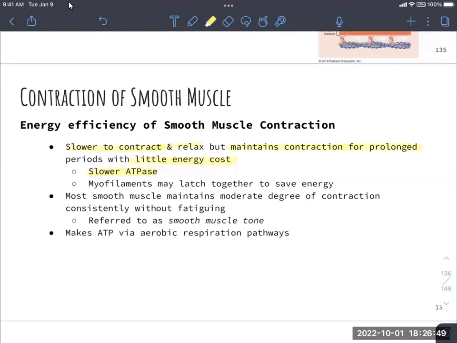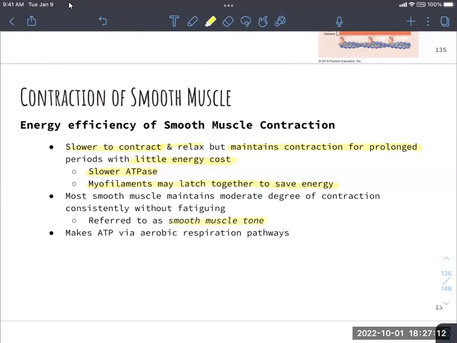We have myofilaments that may latch together to save energy. So most of our smooth muscle can maintain some kind of contraction, just like our skeletal muscle, because that keeps our muscle tone. We have our skeletal muscle tone and we have our smooth muscle tone.